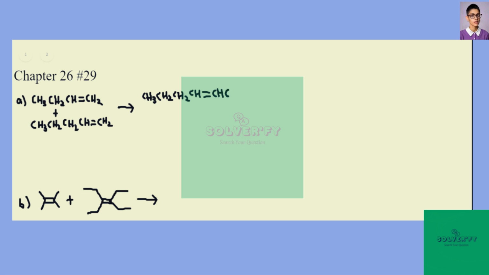Okay, and so for A, we're going to have 4 possible products. So just bear with me while I write them all.